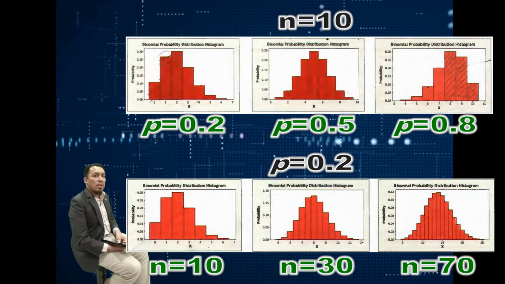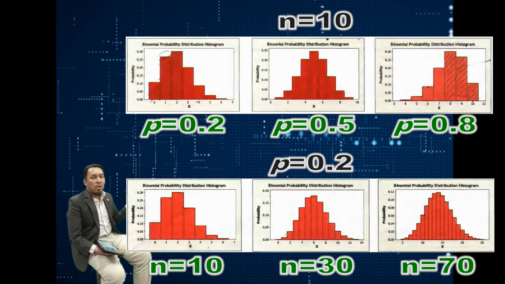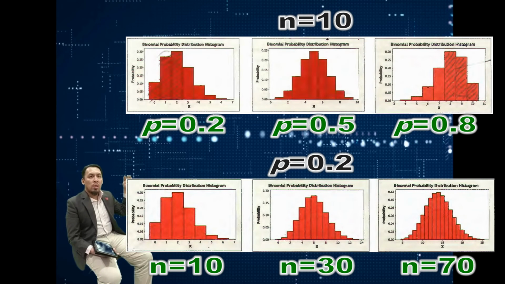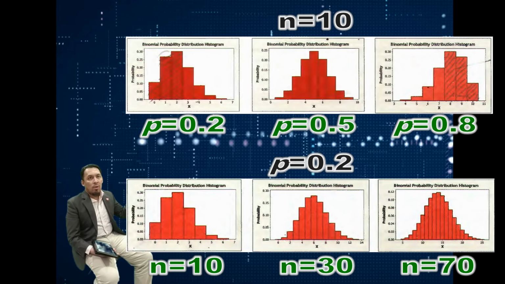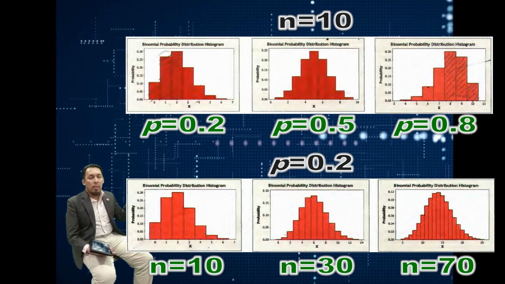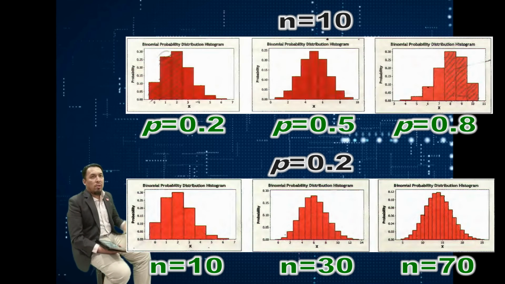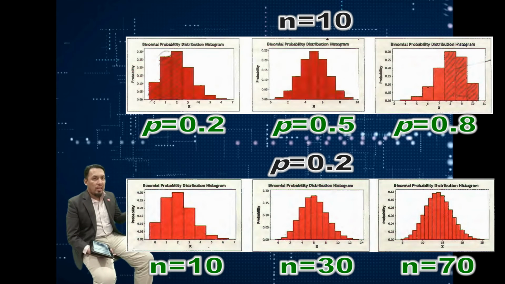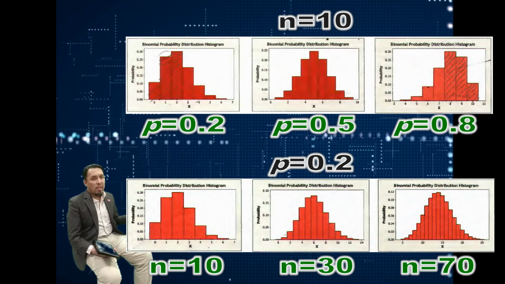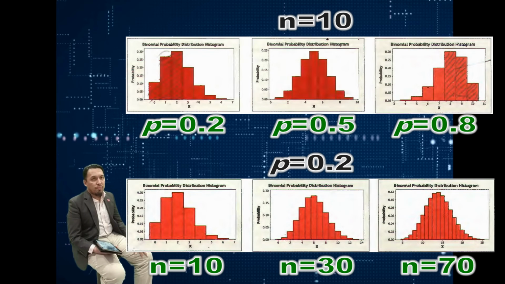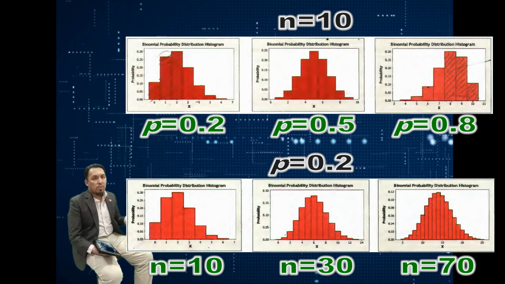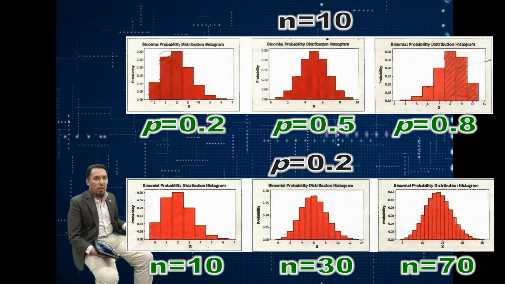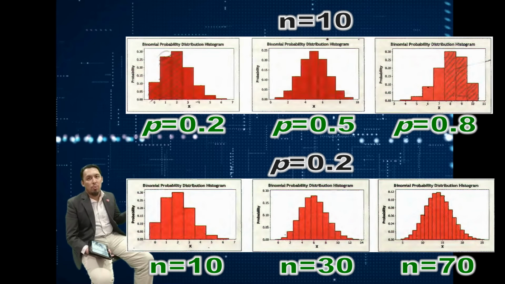If you look at this graph, you will see the top three show the figures when we play around with the value of p. We are using the same example as we have discussed before, where n is 10, so p is 0.2. If p is small, the distribution is skewed to the right. If p is 0.5, it will be symmetric, and if p is 0.8, it will be skewed to the left.